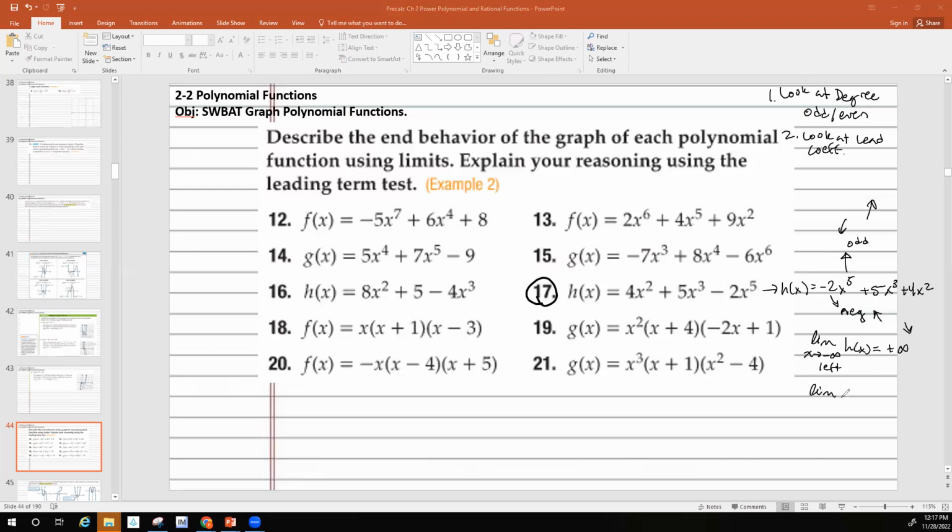And now we're going to go to the right. The limit of h of x as x approaches positive infinity, means up to here. This one is going to be going down, so down to negative infinity. And that's it.